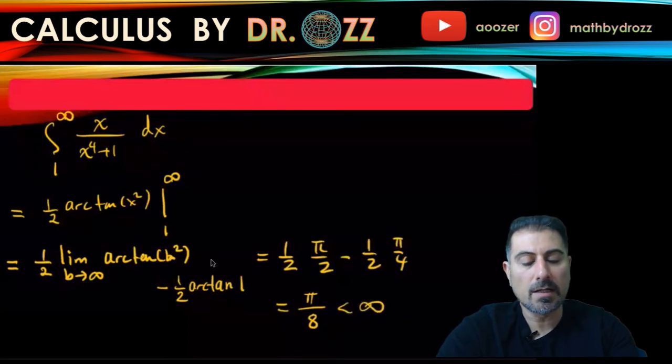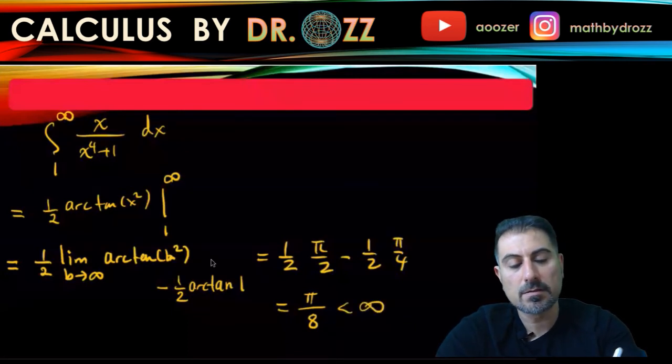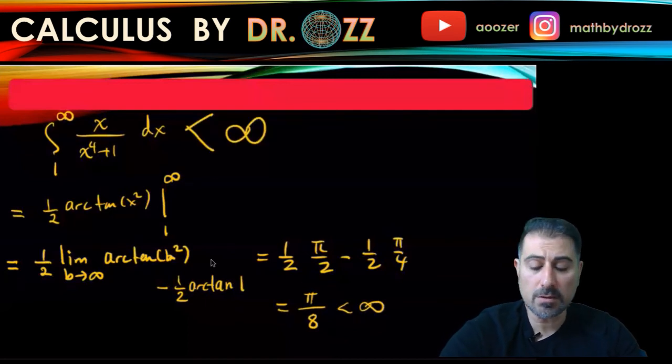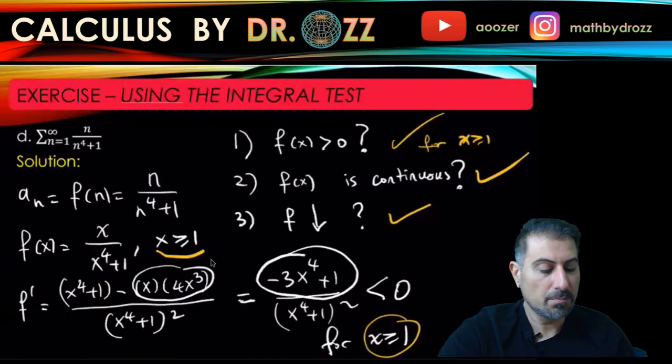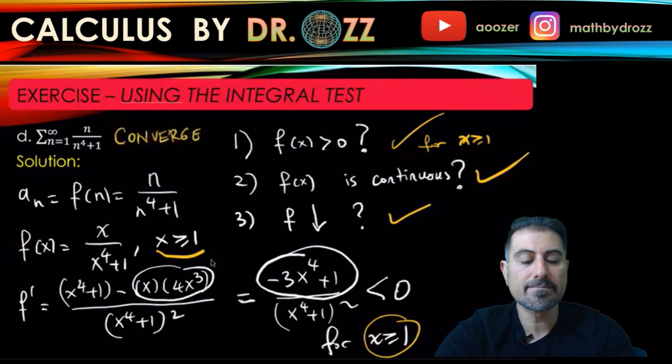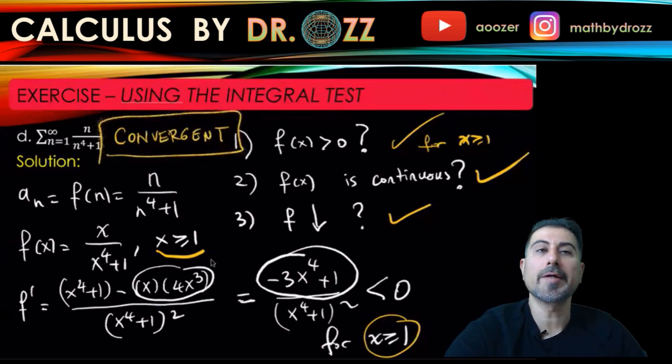So is this integral. I can go ahead and write this is less than infinity, so it's convergent. Okay. That's good, because if that integral is convergent, we can go ahead and conclude that this series is convergent by using the integral test. Okay.